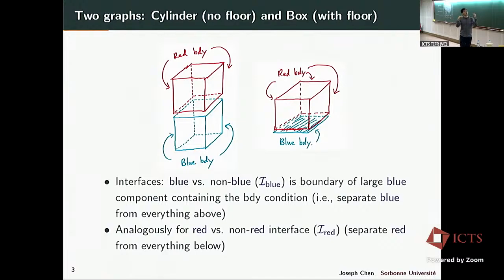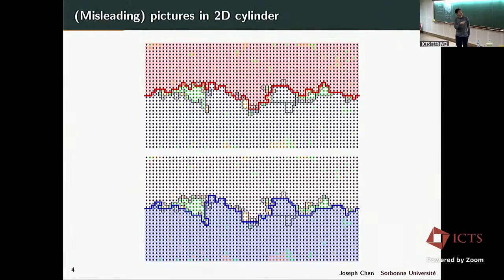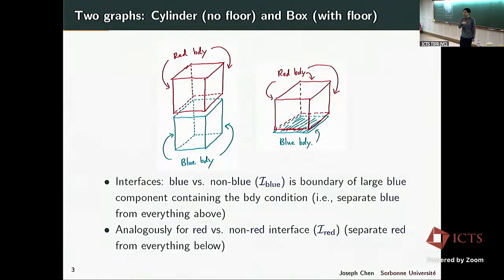And so the point is that in the picture on the right, in the box, the place where the boundary condition changes, you will also find this sheet of blue vertices. And this sheet of blue vertices acts as a floor, which the interface cannot go below. So what is interesting to me is the effect of the presence of such a floor.